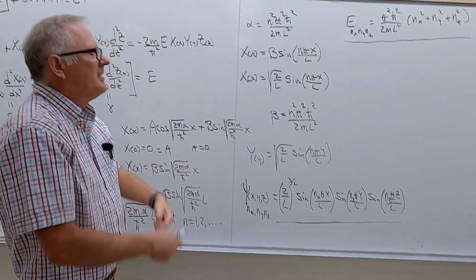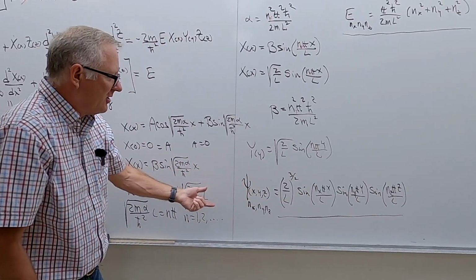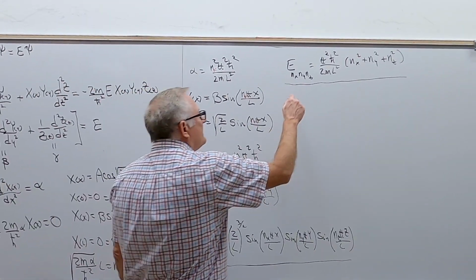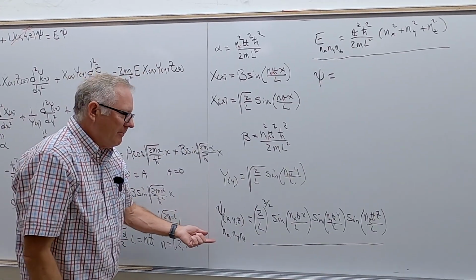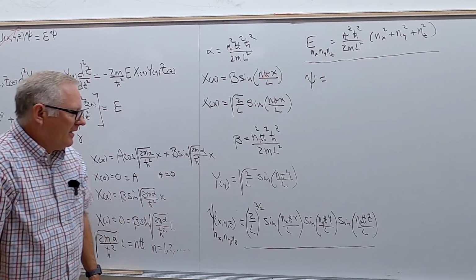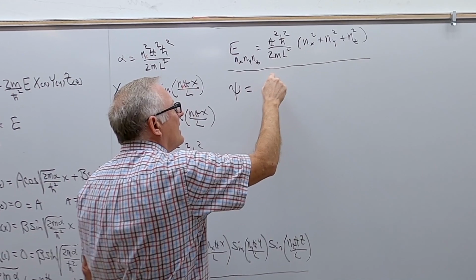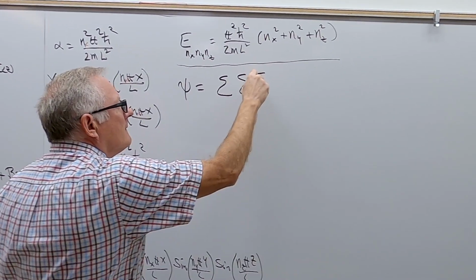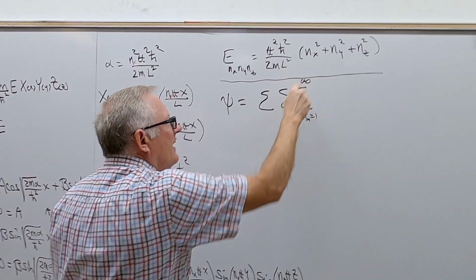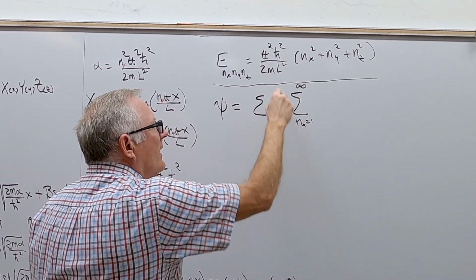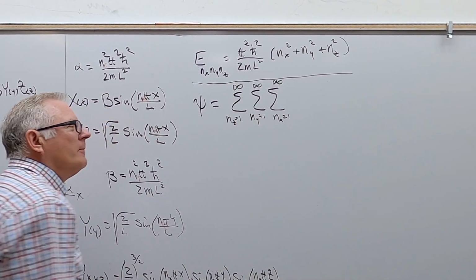So if I wanted to get the general equation, where I don't know which one I'm in, a combination of all of them, we would say psi is a sum. I don't know if I should write it as 1 or 3 sums. I guess I could write it as 3 sums. You're summing over nx equals 1 to infinity, and ny goes from 1 to infinity, and nz goes from 1 to infinity.